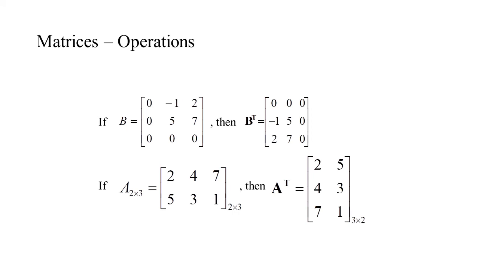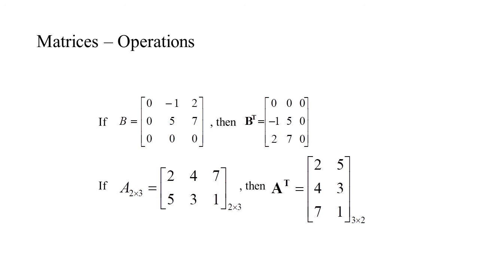In these next two examples, we again see how to find the transpose. If B is equal to 0, minus 1, 2, 0, 5, 7, 0, 0, 0, then we have to find B transpose.